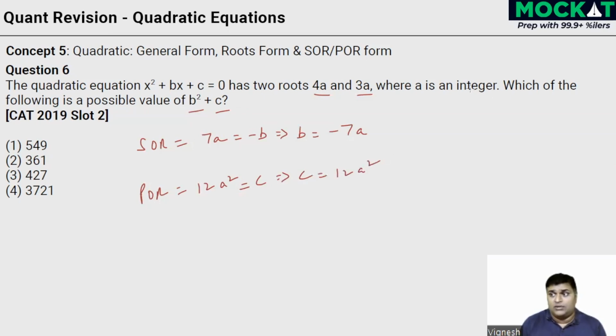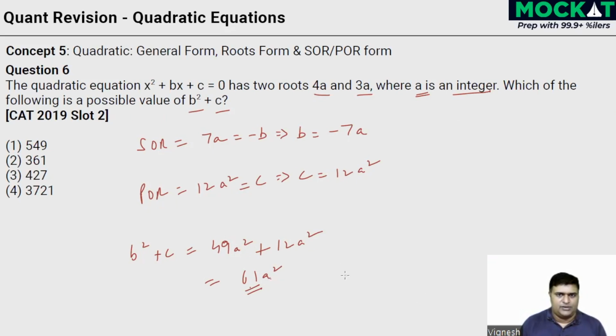Now, which of these is a possible value of b square plus c? What is b square plus c going to be in terms of a? B square, right? Minus 7a the whole square, which is 49a square plus 12a square as it is. And that's going to come to 61a square. So which of the following is a possible value where a is an integer? If a is an integer, I need to get a 61 times a perfect square, right?